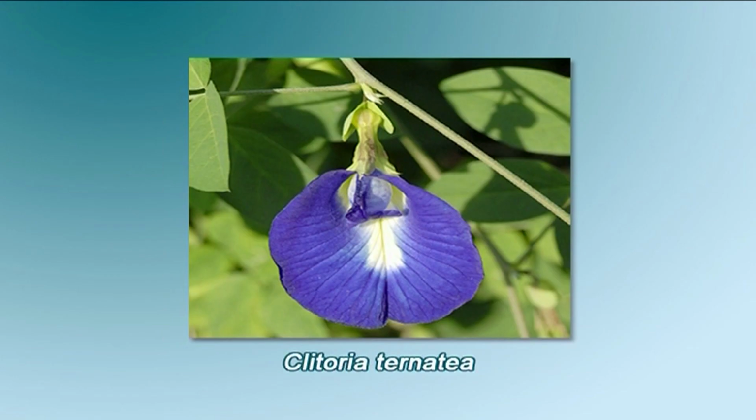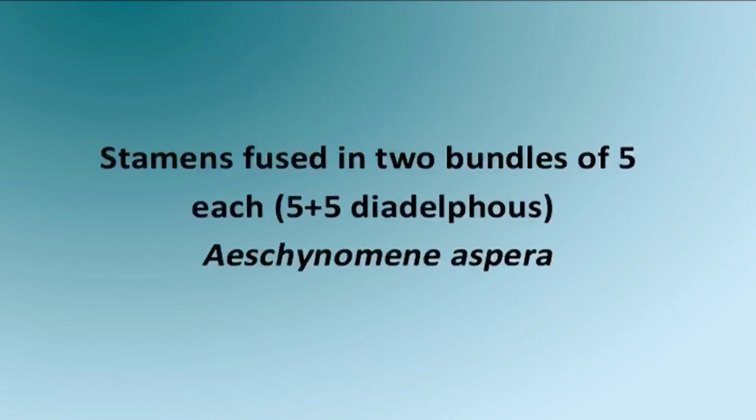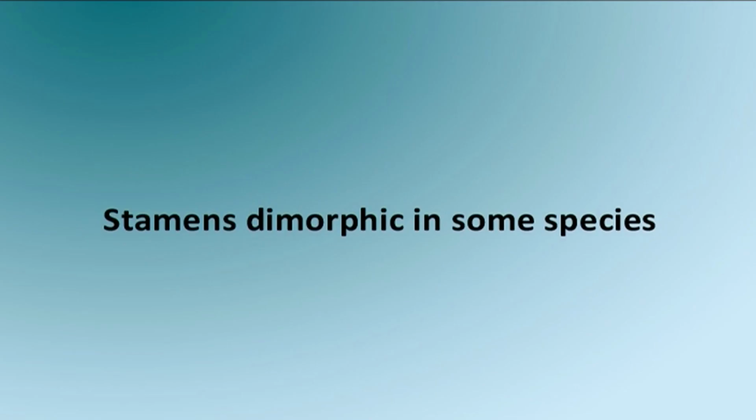For example, in Clitoria ternatea, the odd stamen is posterior in position. Stamens are fused in 2 bundles of 5 each in Aeschynomene aspera. Stamens are dimorphic in some species.